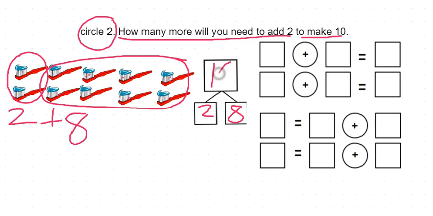So let's put it in. So part, whole. So let's fill our model in. 2 plus 8 equals 10. Or 8 plus 2 equals 10.